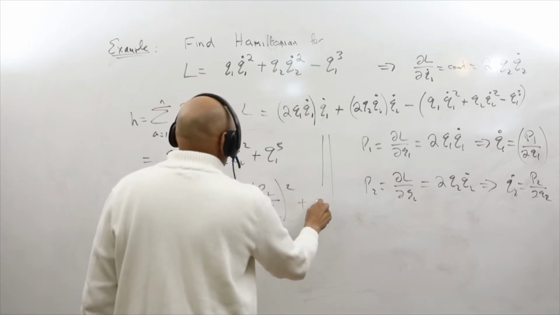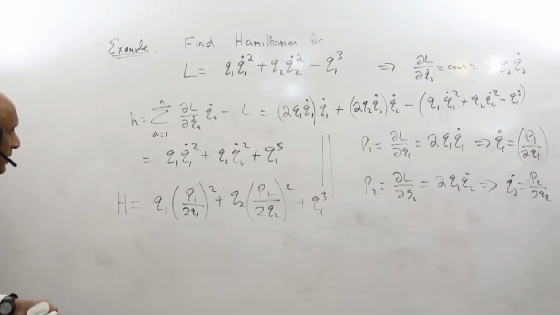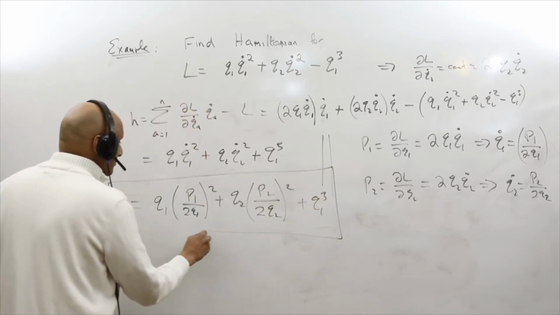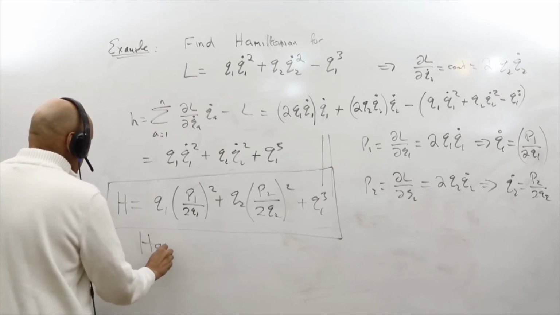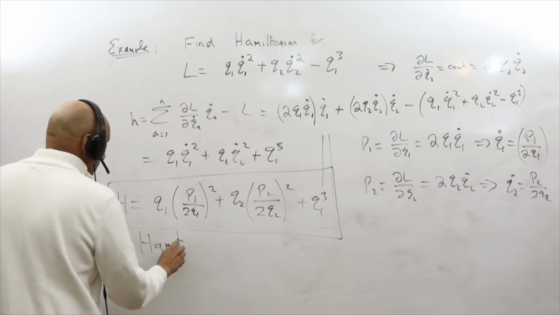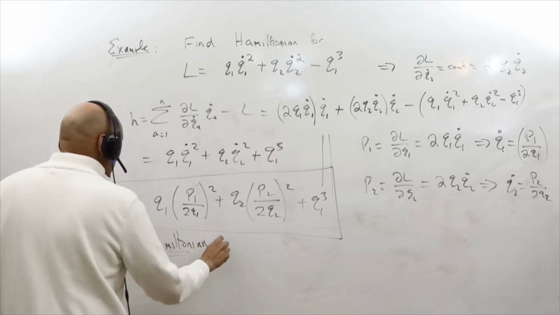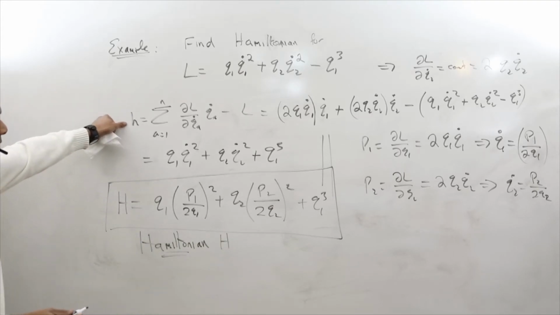And then there's a Q1 cubed. I won't bother reducing it. There's nothing special about doing this reduction anyway. So this is the Hamiltonian, capital H. So please don't get confused with the lowercase h, which is the Hamiltonian h function, right?